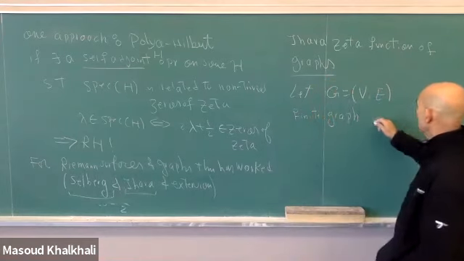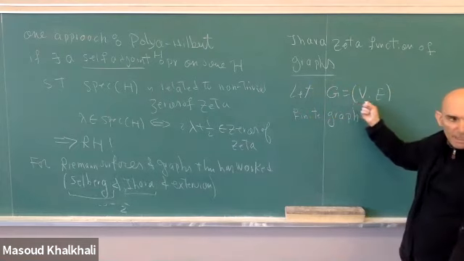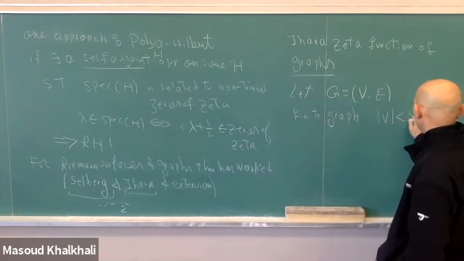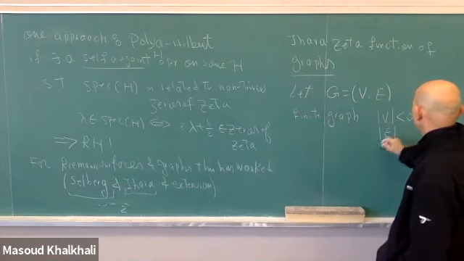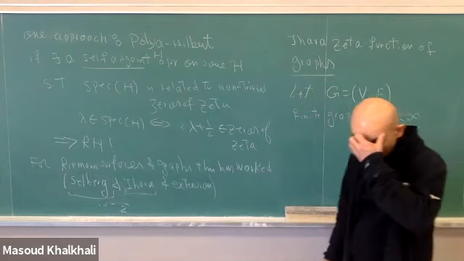So this means that V is a set of vertices and E the set of edges. The number of vertices is finite, and the number of edges is also finite. Okay.